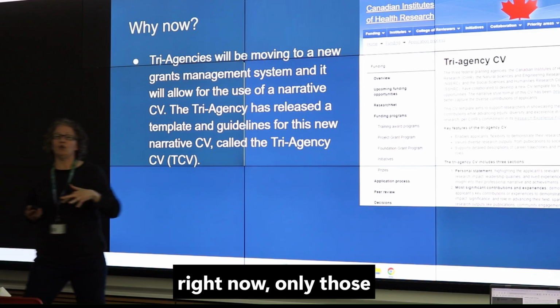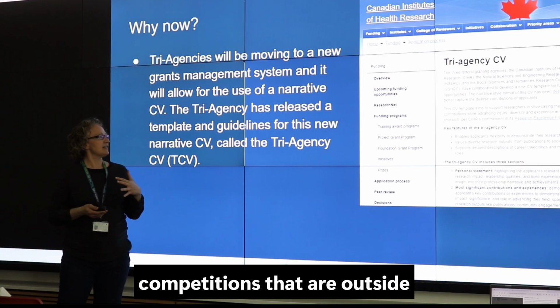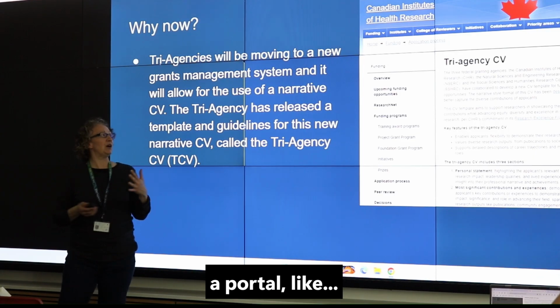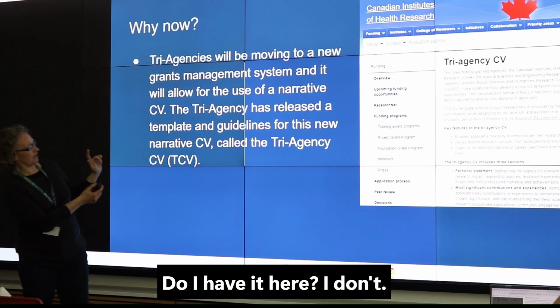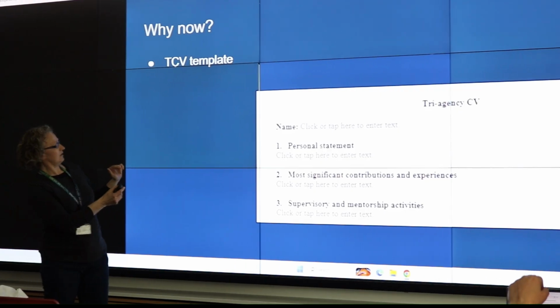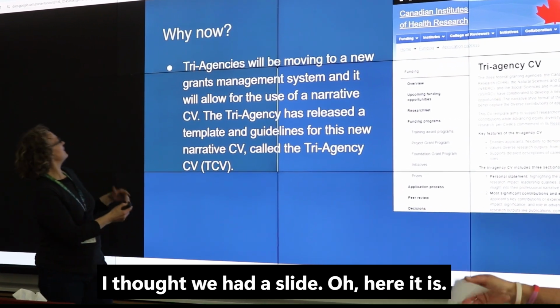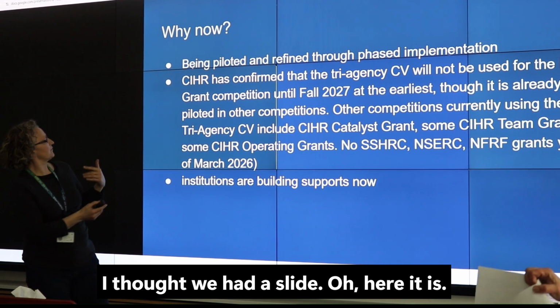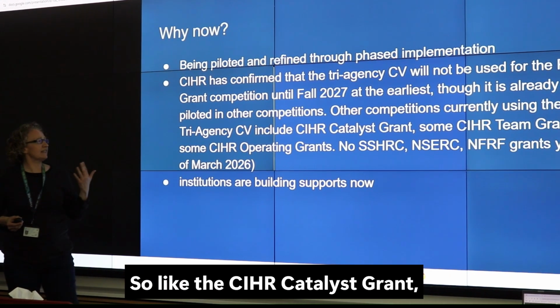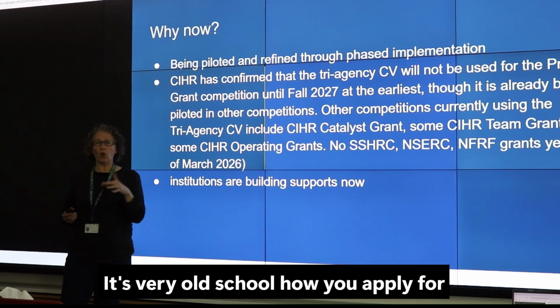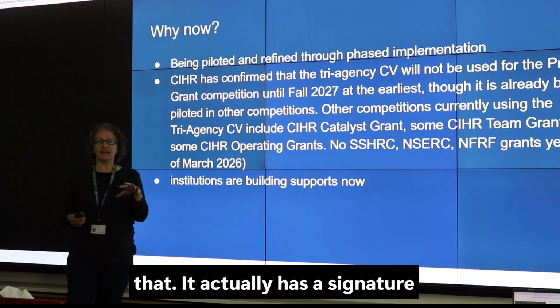So right now, only those competitions that are outside a portal can use it. Do I have it here? I thought we had a slide. Oh, here it is. Like the CIHR Catalyst Grant, it's very old school how you apply for that.